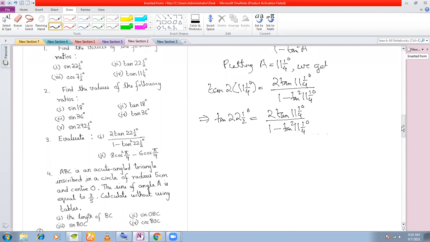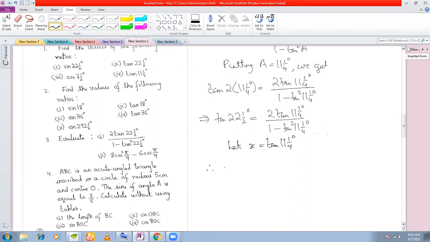Okay. Now tan 22 and a half we have already found out above. Just because we have found it out above, we can write the value. Otherwise, you will have to first find tan 22 and a half for this problem. So we found this out to be root 2 minus 1. Before that, let us assume tan 11 1/4 to be x.